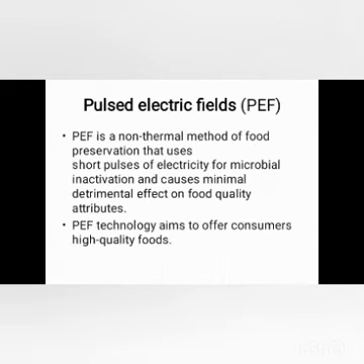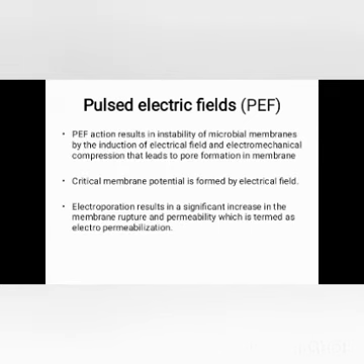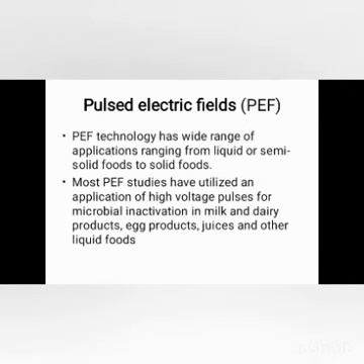Another non-thermal method that is emerging now is the pulsed electric fields. This one uses short pulses of electricity for microbial inactivation and causes minimal detrimental effects on the food quality attributes. Therefore, it also provides high quality foods. PEF technology has a wide range of applications. It's used for liquid foods, semi-solid foods, and also solid foods.